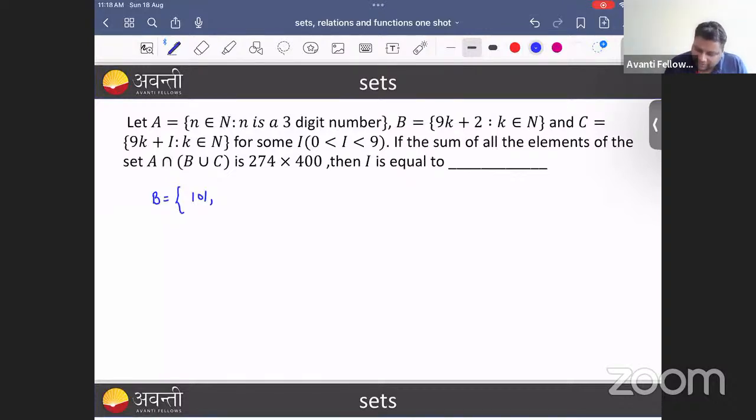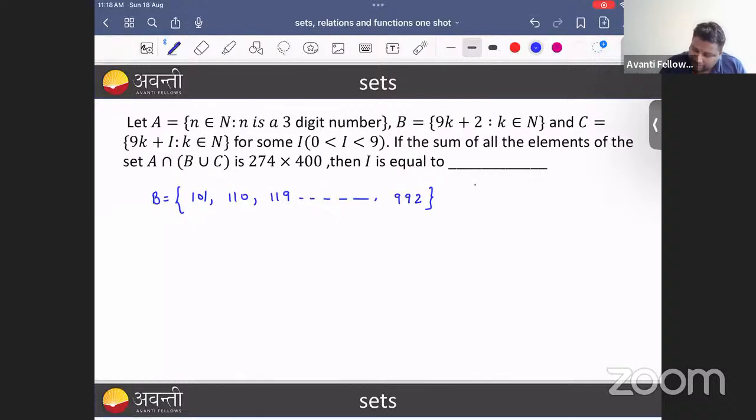The next number will be 110. The next number will be 119. And so on, so forth. The last number that you will be having is 992. Got it?